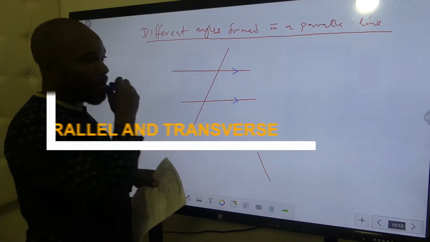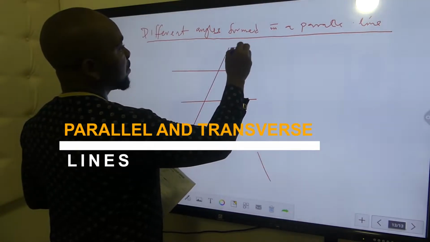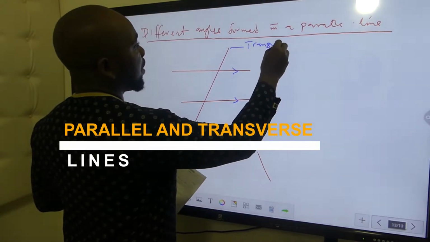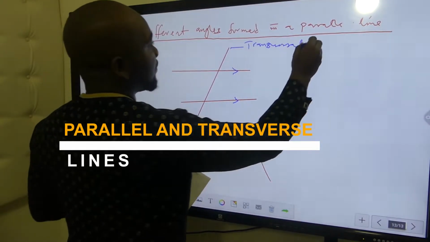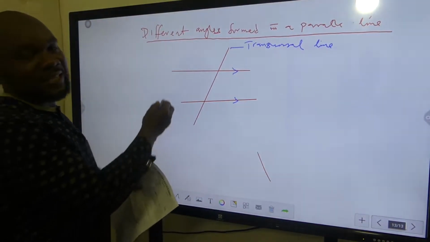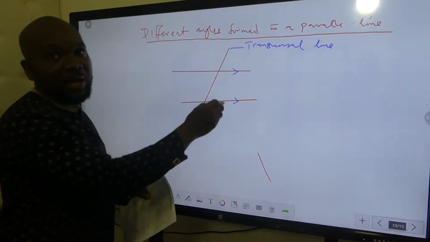Parallel lines. While this one is the line they call a transversal line. This is the line that intersects two parallel lines.